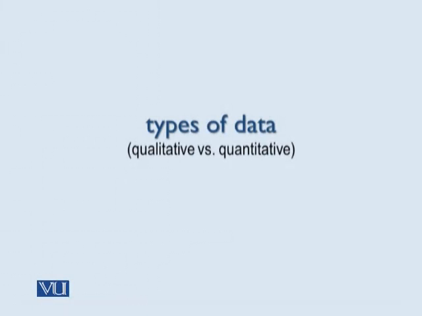So a very broad distinction that we can make between types of data is to classify them into two categories: qualitative and quantitative. In qualitative data, our description of data and our distinction of data depends on measures of variables done on the basis of quality rather than on quantity.